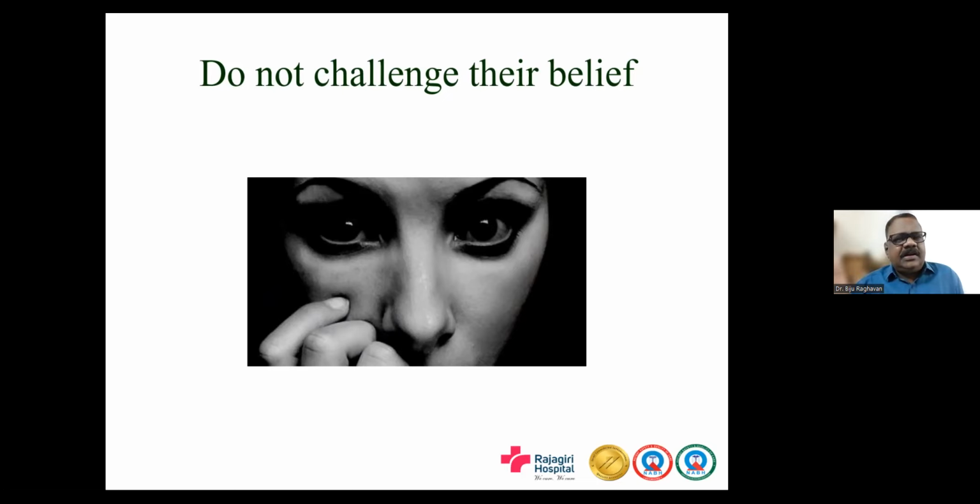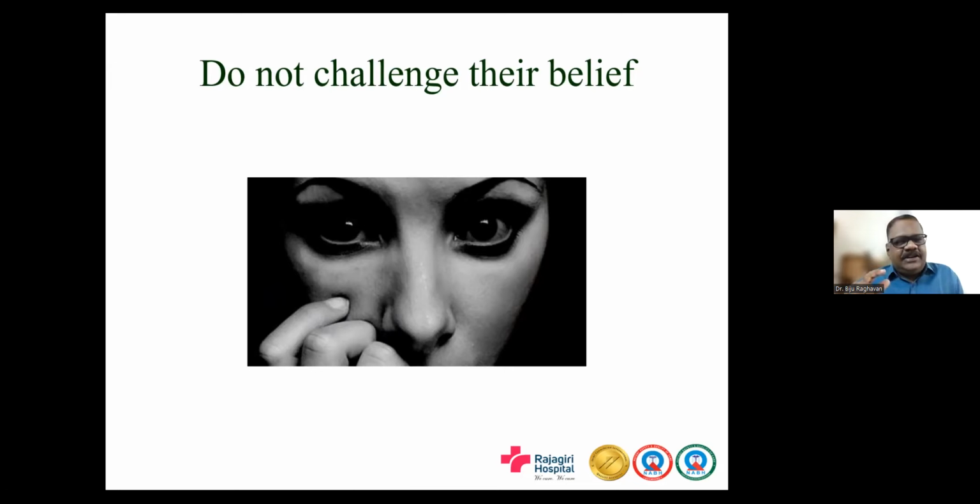Whatever their beliefs are, it is real for them. And if we challenge their belief, saying, no, these are just thoughts in your head, these are things that happen only in movies, you only end up increasing their anxiety.